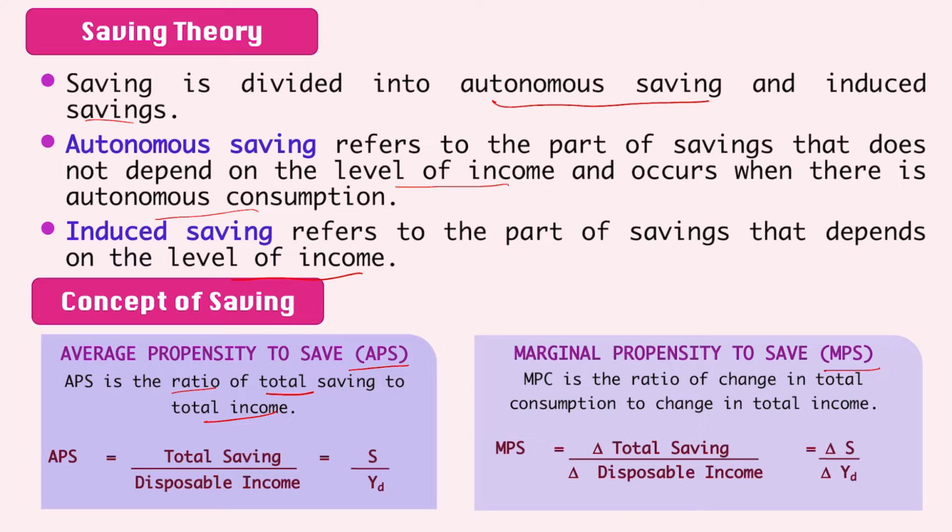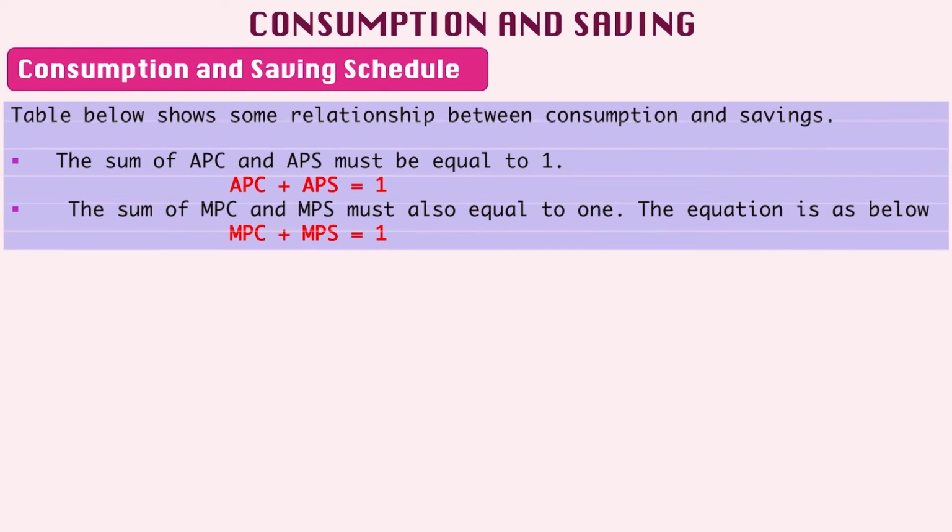MPS, the marginal propensity to save, is the ratio of change in total saving to change in total income, meaning the percentage change in saving divided by the percentage change in disposable income. If your income increases, how much is the percentage increase in your saving? That is MPS. So let's look at the consumption and saving schedule.